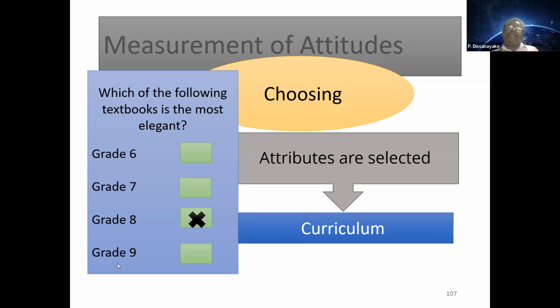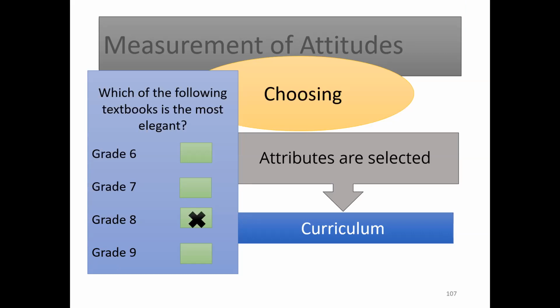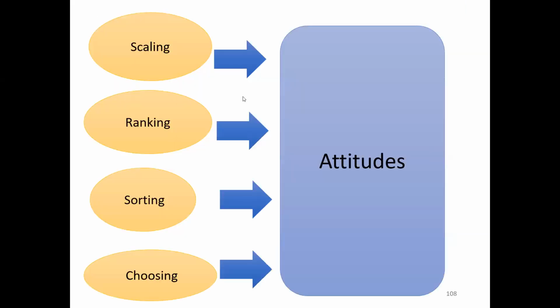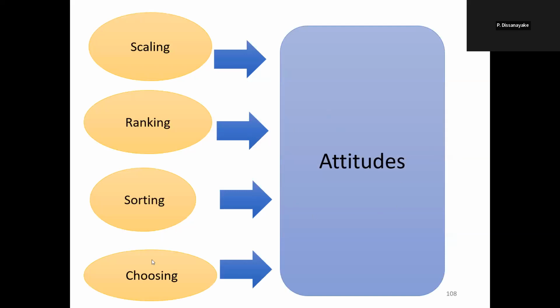So when you design the questionnaire, it is necessary that you consider your specific objectives. Based on that, you prepare your questions. So these are the techniques through which an effective questionnaire can be prepared in order to measure the attitude specifically.